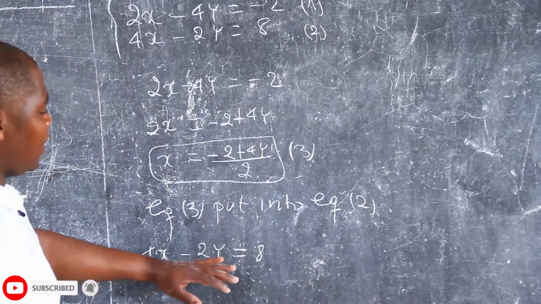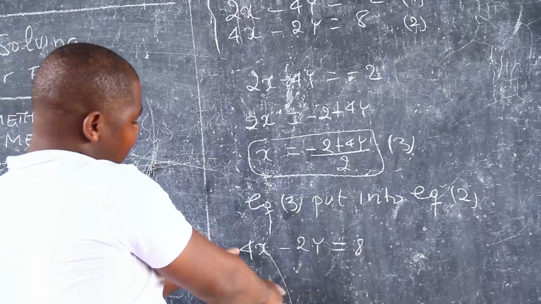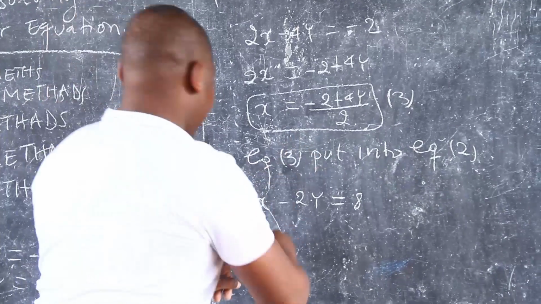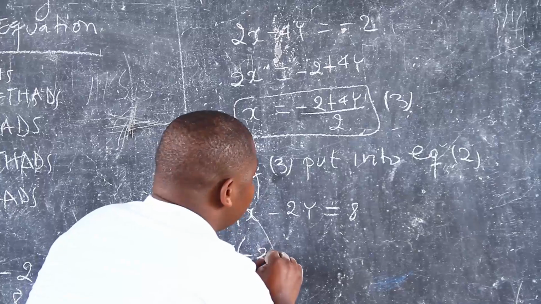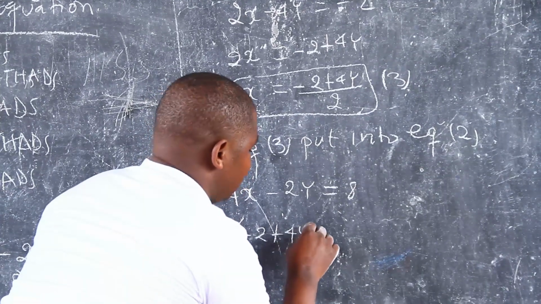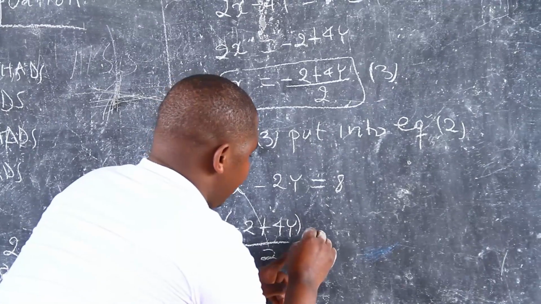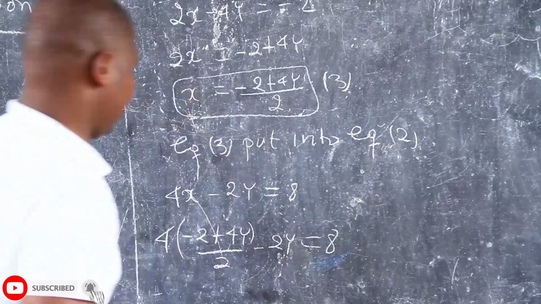This is equation number 2. I take the value of x and I replace it here. The value of x: 4 bracket negative 2 plus 4y over 2 minus 2y equal to 8.